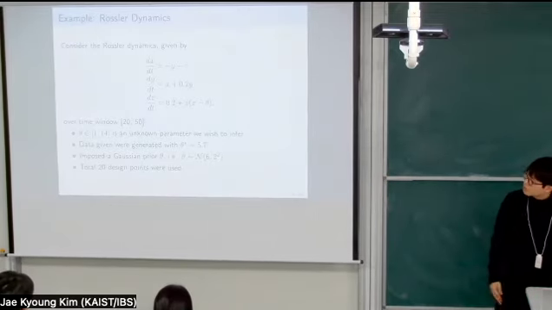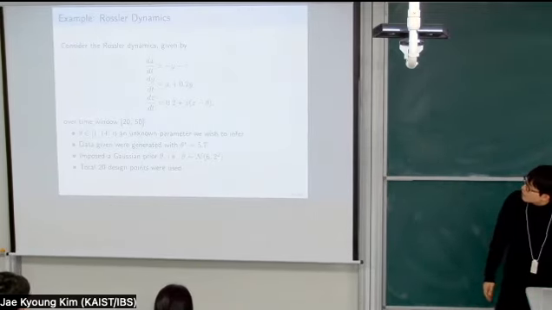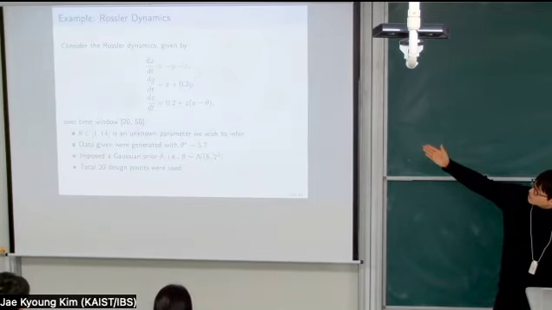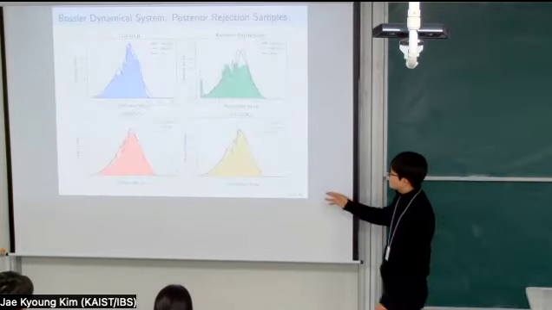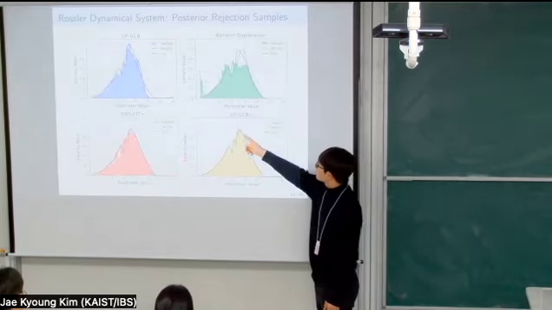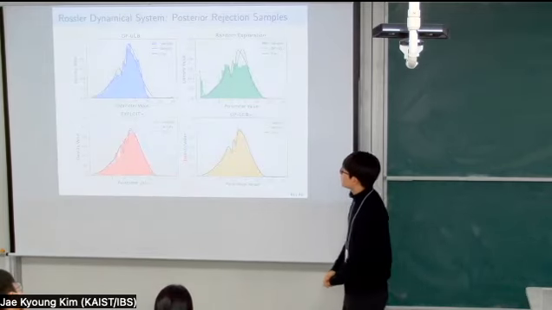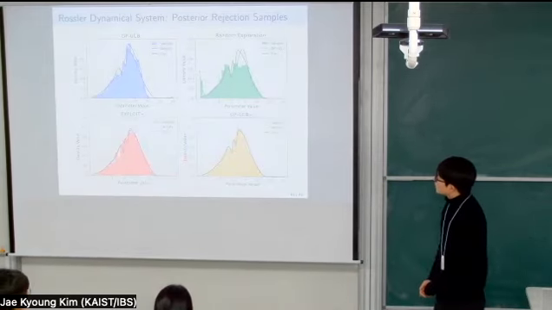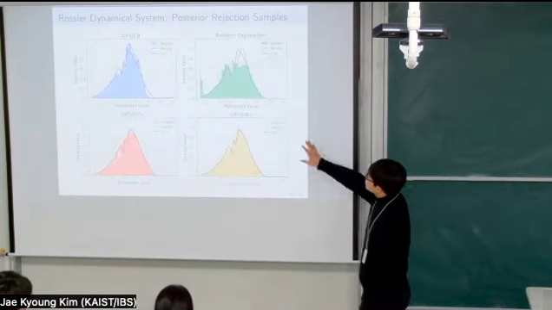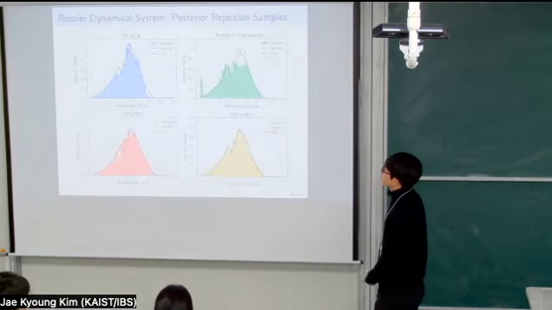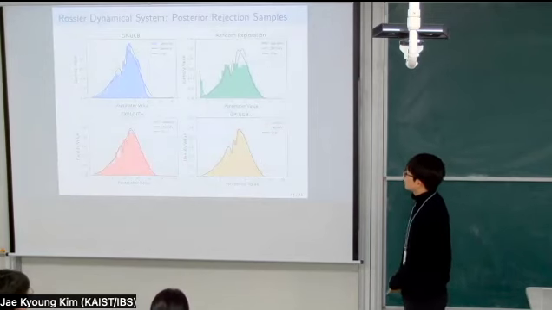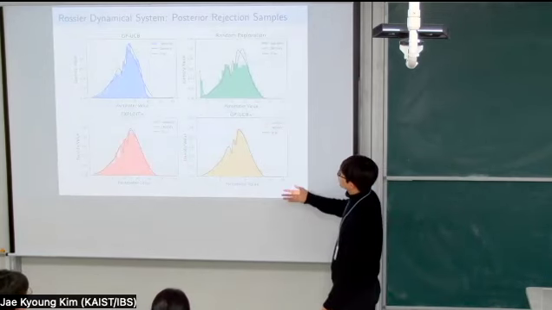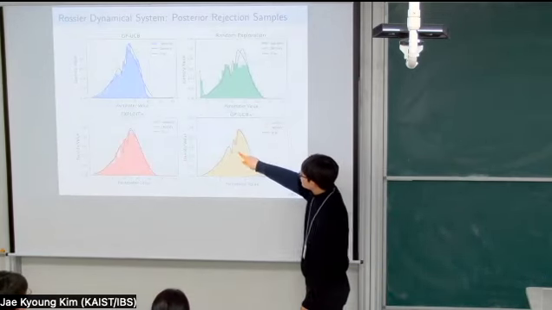And the likelihood you can also evaluate by solving this differential equation over the region of the grid. This black curve is obtained by MCMC. And all these four figures now represent the histograms of the samples you could obtain from each of the approximated posteriors. So black is the true one.